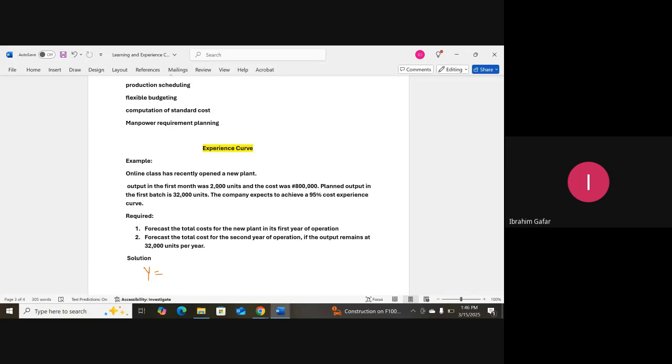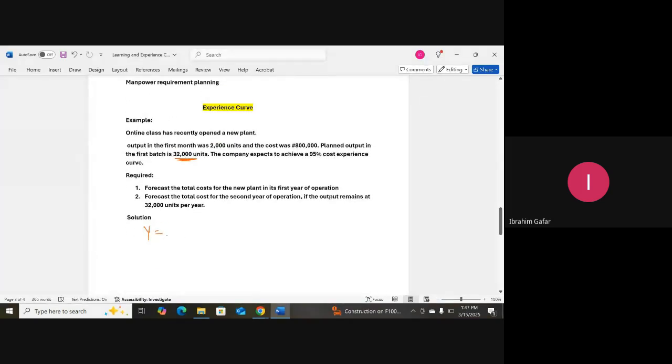If the first one is 2,000, the next one is what? 4,000. Followed by 8,000. You double. Followed by 16,000. Followed by 32,000. You can see 32,000 is the plan output. This means that we can use a table. So I said when the activities can be doubled, you can use a table. But if the activities cannot be doubled, then you can use the formula.